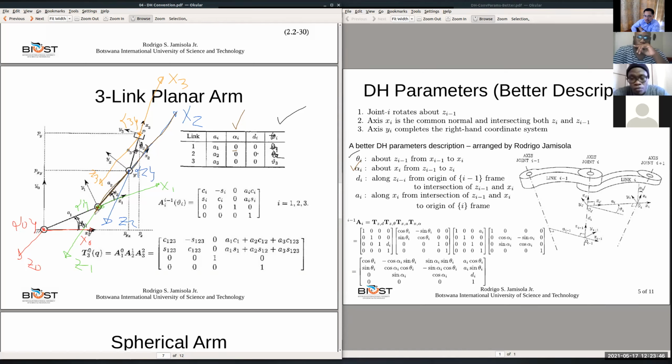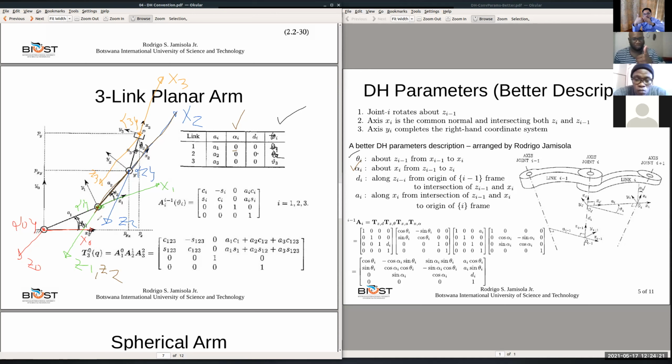Your z1 is here, and your z2 is there, for easy understanding. Put your thumb in the direction of x2 and the 4 fingers in the direction of z1, coming out of the paper.